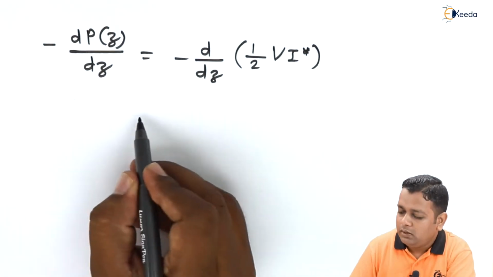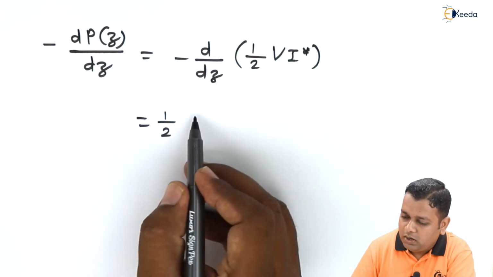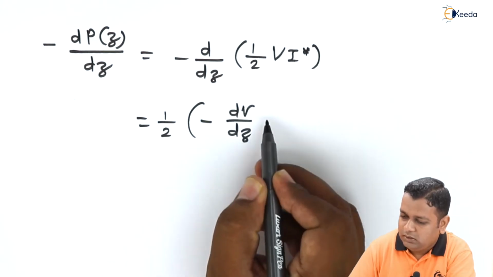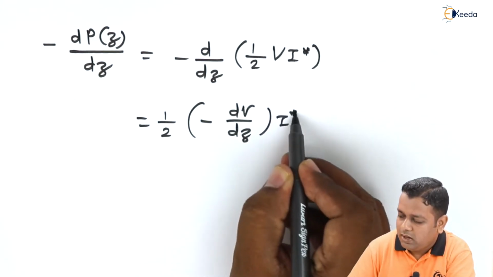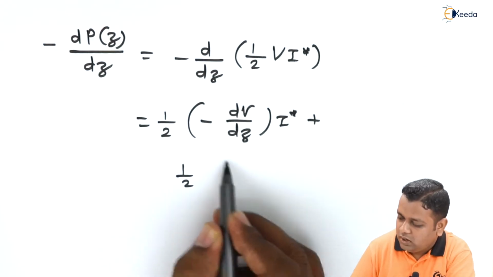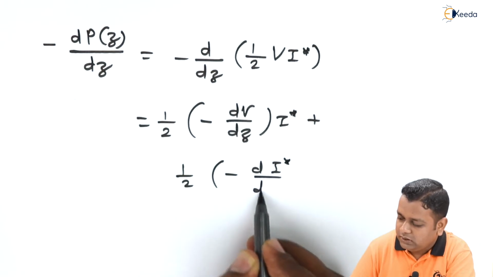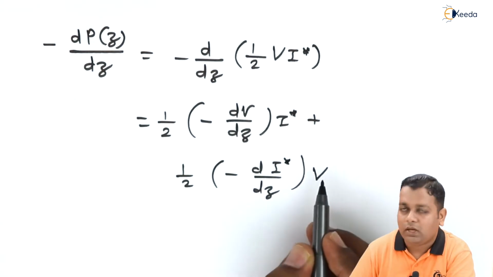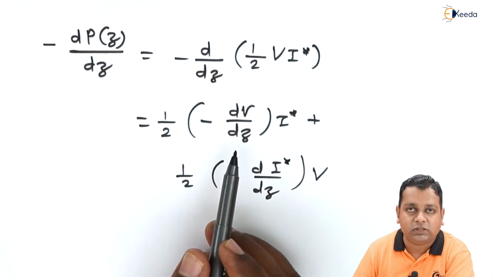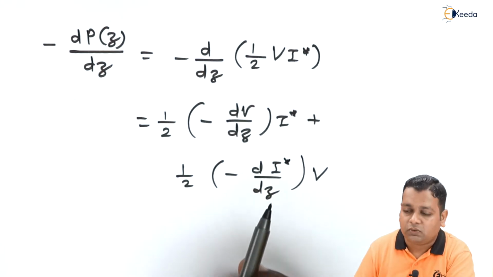In the next step, I can also express it as 1 by 2 times minus of dV by dz into I asterisk, added to 1 by 2 times minus of dI asterisk by dz into capital V. So we can have the differential of voltage with respect to the space changes and the differential of current again with respect to the space changes.